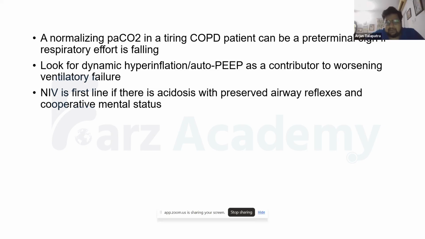And dynamic hyperinflation and auto-PEEP can also contribute to worsening ventilatory failure. NIV is always first line if there is an acidosis with preserved airway reflexes, but you should monitor ABGs and do a blood gas within 1 to 2 hours and see how the patient is responding clinically and blood gas wise. If there is worsening or no improvement within 2 hours, then the next step is to intubate this patient.